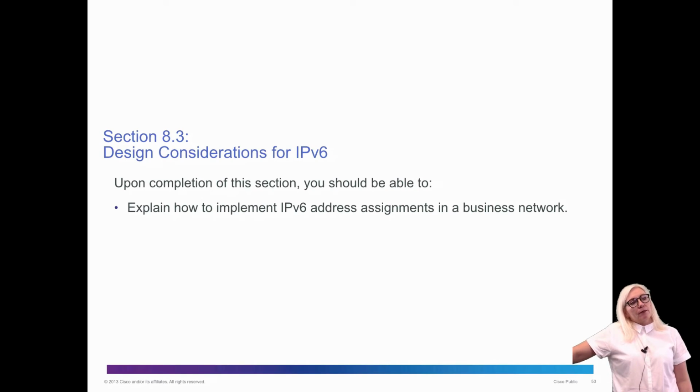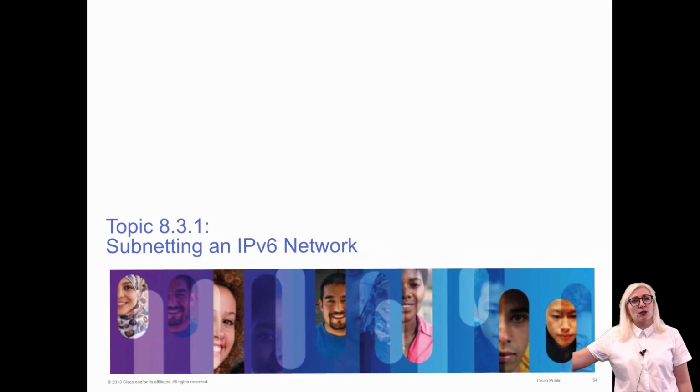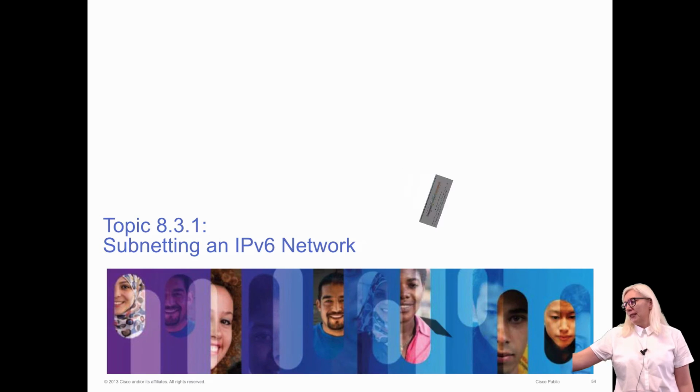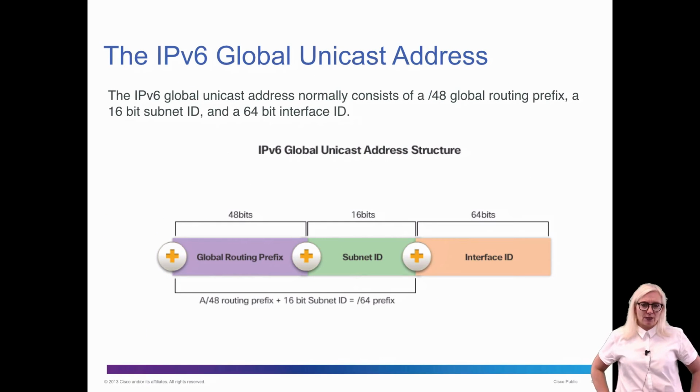So when we look at IP version 6, the need for making subnets is not entirely the same, also because we don't really have the same issue with IP version 6 broadcast. But that said, we will still be able to subnet IP version 6.